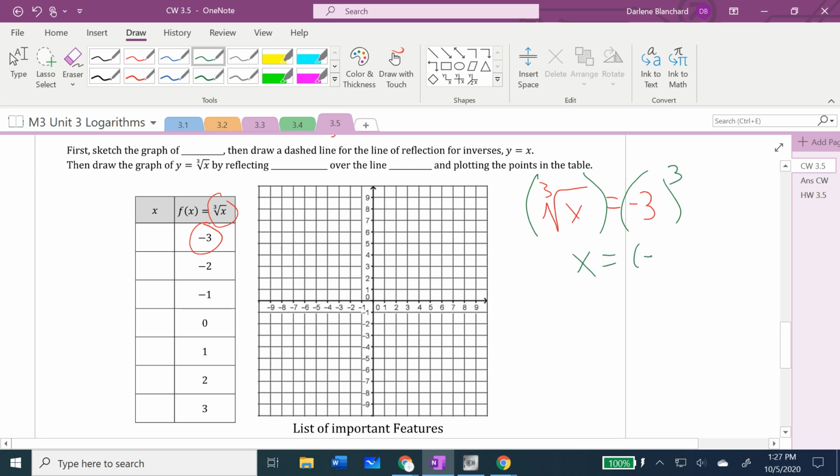And -3 multiplied 3 times. If you have to, you can write it all out, but we get -27. Now I'm going to move on to the next one. If the cube root of x is equal to -2, then what is x? -8. Good.